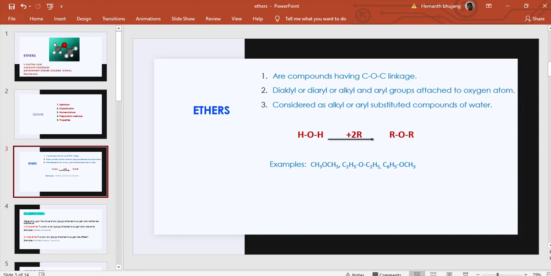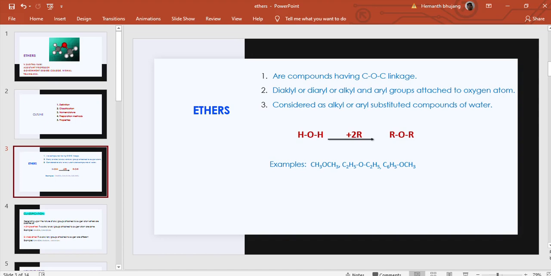Suppose we have an R group on one side and an aryl group on the other side, this is called an alkyl aryl ether. That's why in the beginning I told you that the oxygen may be attached to two alkyl groups, or one alkyl group and one aryl group, or on both sides to aryl groups.